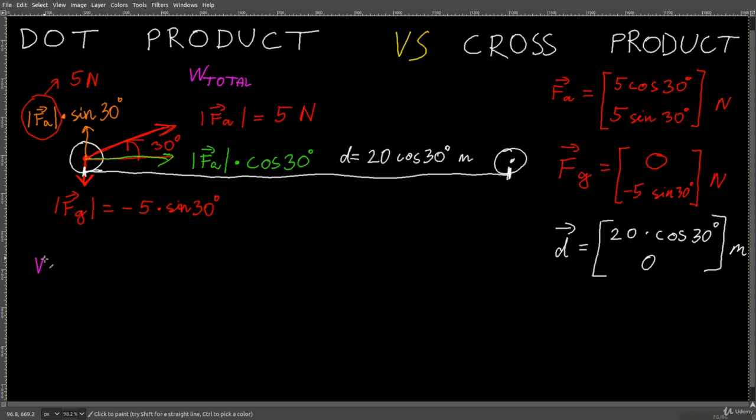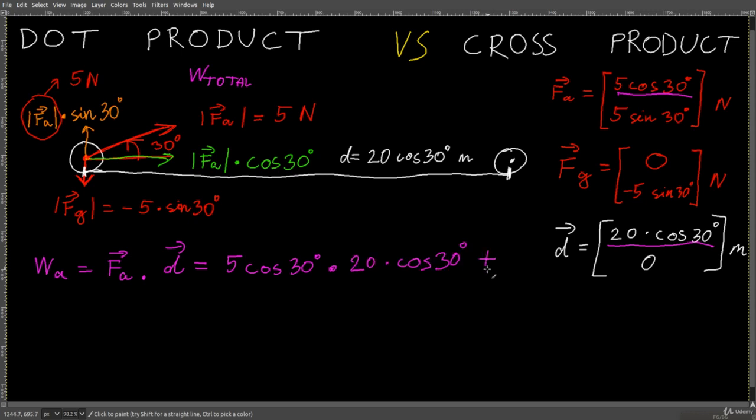Alright? So the work done by the applied force is computed like this. The applied vector dot the displacement vector, which is this one times this one, and then you add, and I'm going to continue writing here, you add this component, 5 sine 30 degrees, times this component, 0 meters.